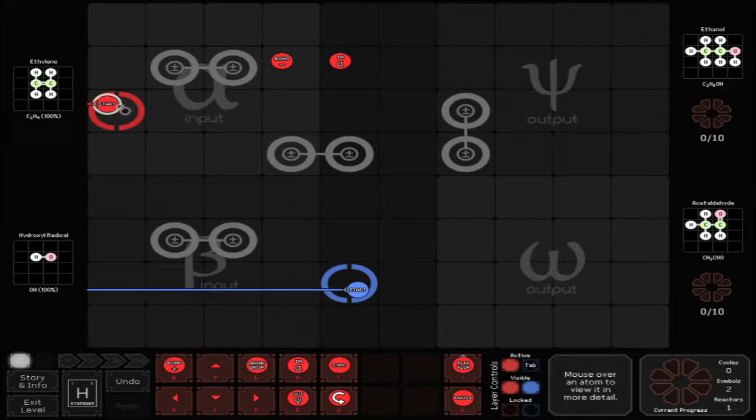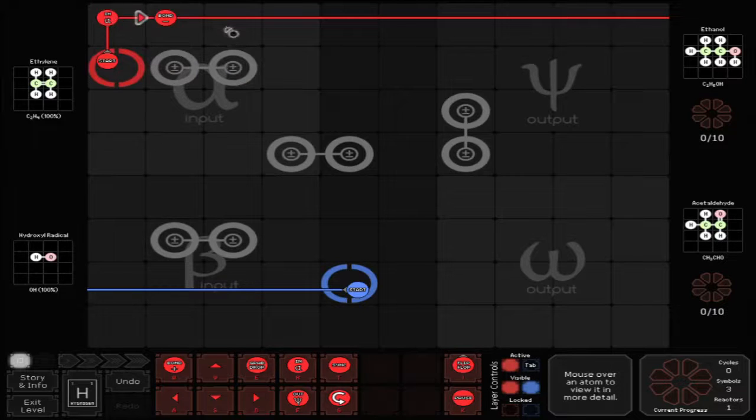Although, to save me a little bit of time, I would like Red to start on the other side of the ethylene. So he calls it in and he breaks down the double bond, because we will never need it. How about he starts by grabbing hold of the hydrogen that I'm going to have to move.